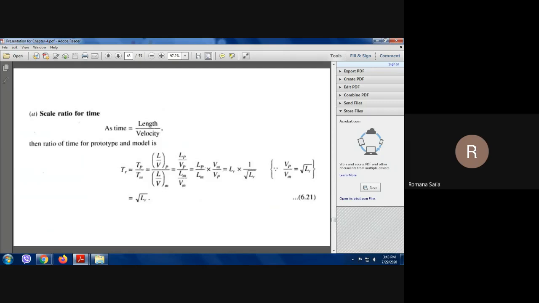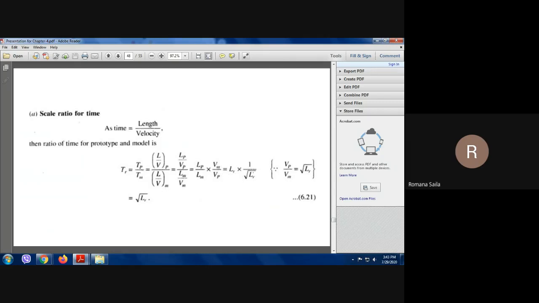We know Lp by Lm is equal to LR, and as Vp by Vm is equal to root over LR, Vm by Vp will be 1 by root over LR.